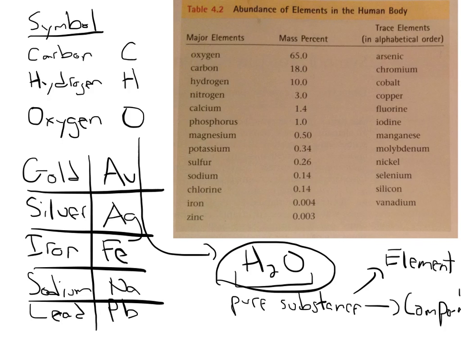Now, you might ask, where do these symbols for each of these elements come from? Well, they come from the Latin or Greek name that the element originally had. For example, lead has a symbol Pb, and it comes from a word that you may recognize. It comes from this word, plumbum.